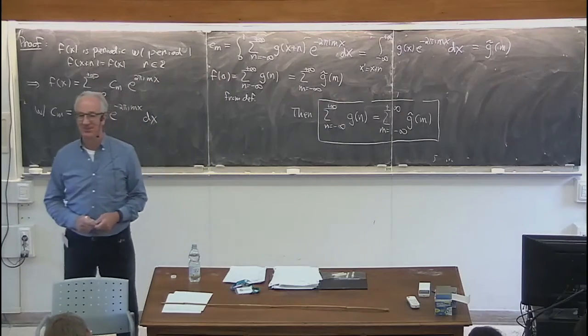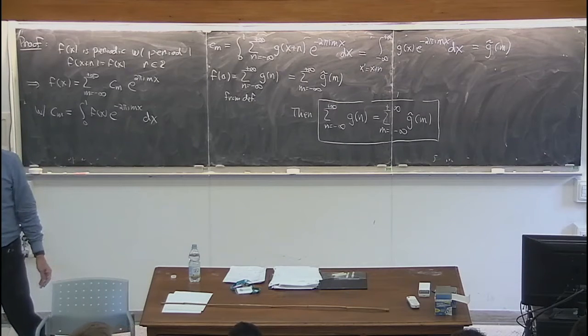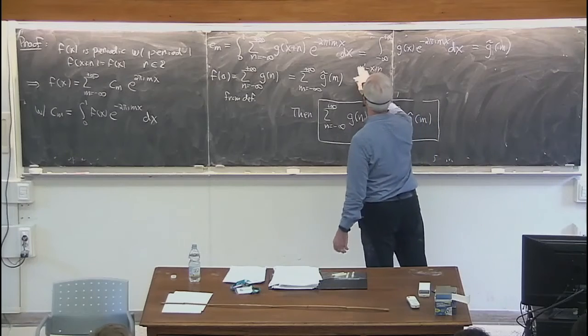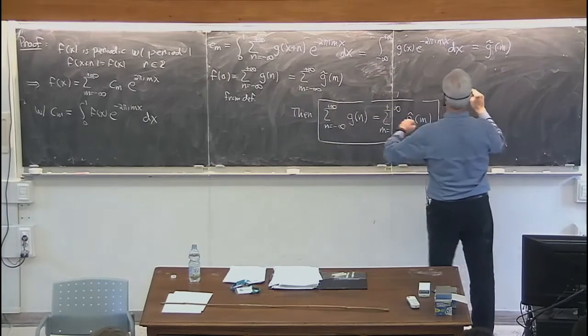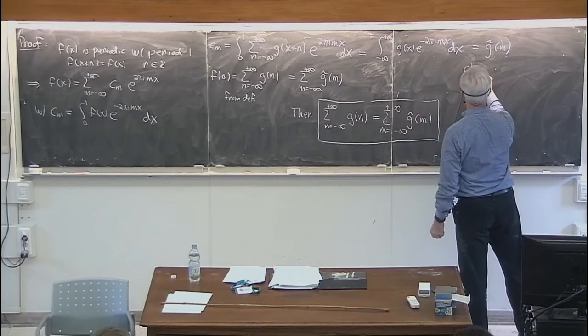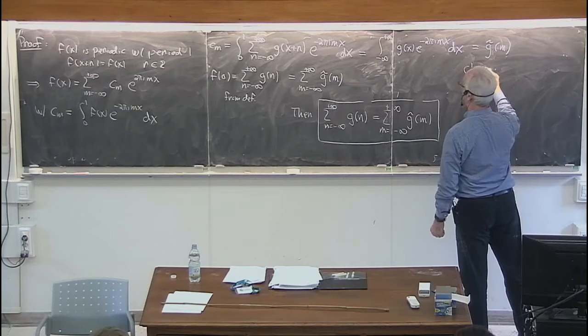Yes? Could you explain again the step when you define x prime equal to x plus n? Sure. So let's look at this formula. We have the integral from 0 to 1, sum n equals minus infinity to plus infinity.